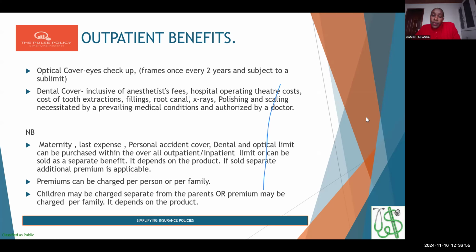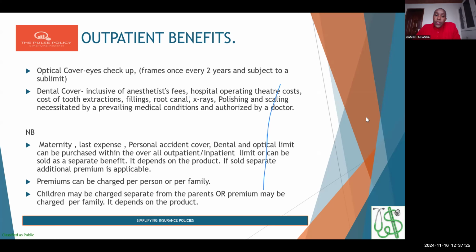So if you choose, for example, to have a maternity cover, I'll charge you for the benefit for maternity. But if it is bundled together with the inpatient or the outpatient cover, then you cannot separate that benefit. The same thing with personal accident, dental and optical. Sometimes it is bundled within the inpatient cover or the outpatient cover, and sometimes it is charged separately. So if it is charged separately, then that means it is going to attract an additional premium.